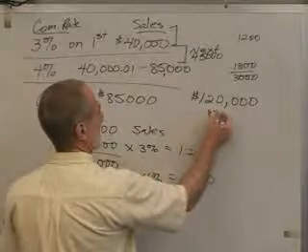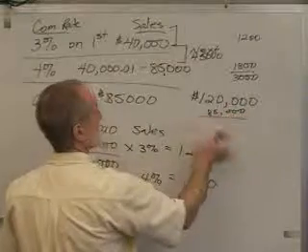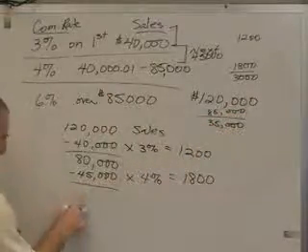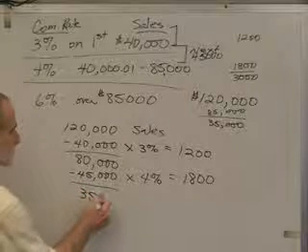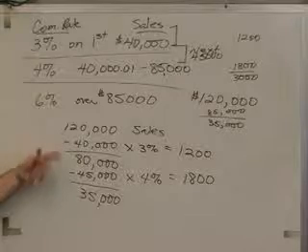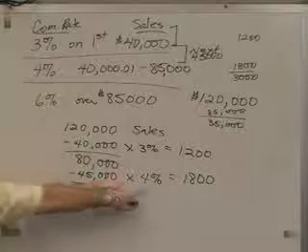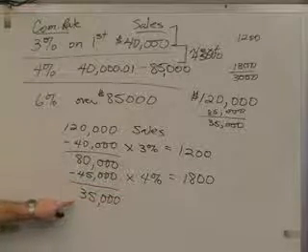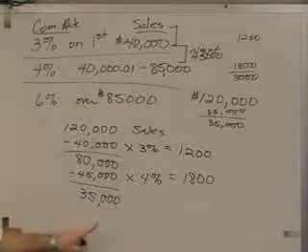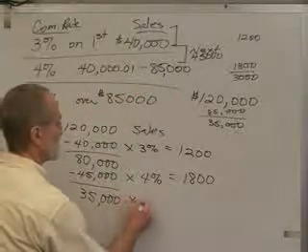Well, if we subtract it from 120, we get 35,000, and that's the same as if we did it this way. First 40,000 gets paid 3%, the next 45 gets paid 4%, and the amount over 85,000, which is 35,000, gets paid the big money at 6%.